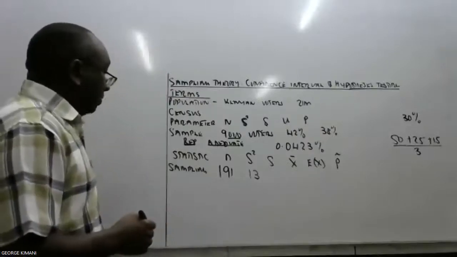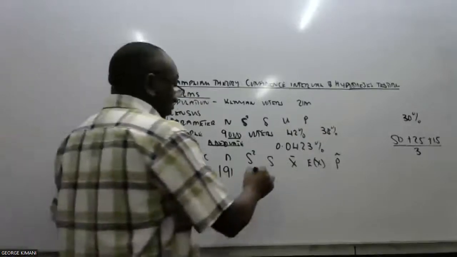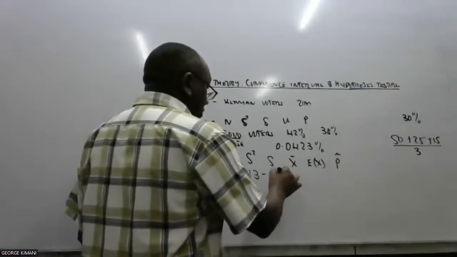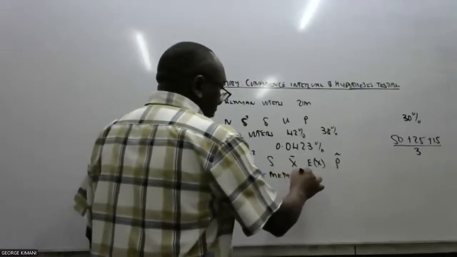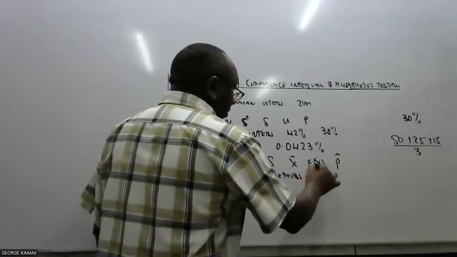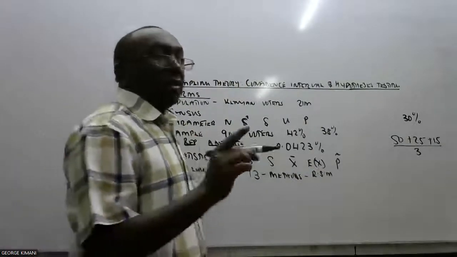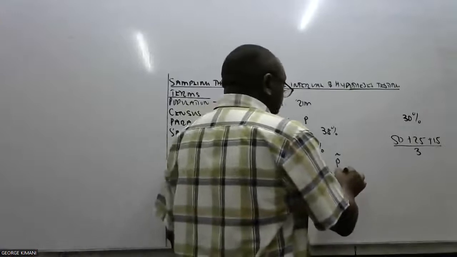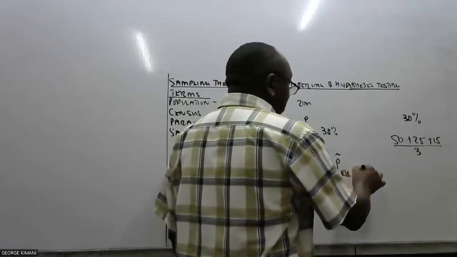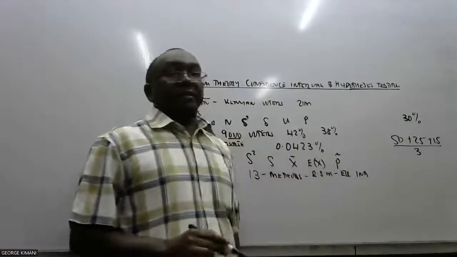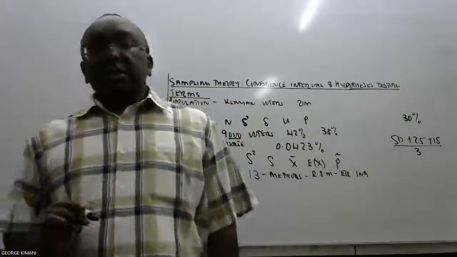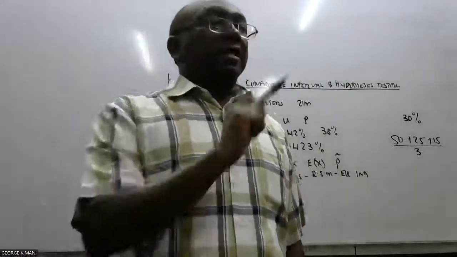Now, there are sampling methods that are used, and they are usually divided into two. One is called random sampling methods. In random sampling methods, all the members of the population have what we call equal and independent chances of being selected. That means if I am selected, you can also be selected.